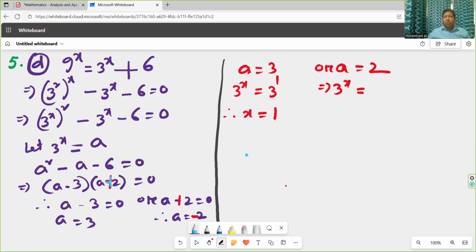So a equals minus 2. An exponential function can never be negative, so 3 to the power x is not equal to minus 2. So the final answer: x equals 1.